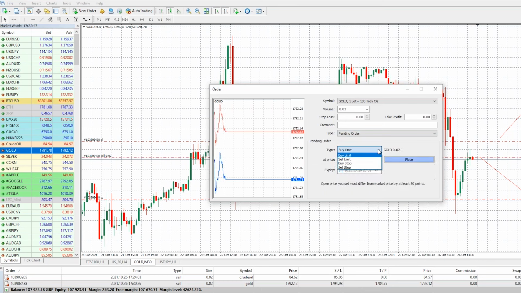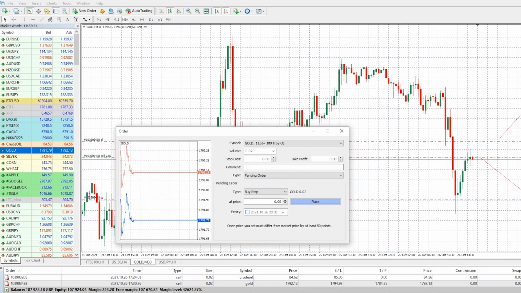So we go here, we say buy stop, and if gold breaks through and hits a price of say 1795, then perhaps you deem that to be a breakthrough of the resistance, and maybe at that point you want to buy. And then you say, okay, the next resistance is way up here, like 1804, or even higher at this high point up here, 1809.